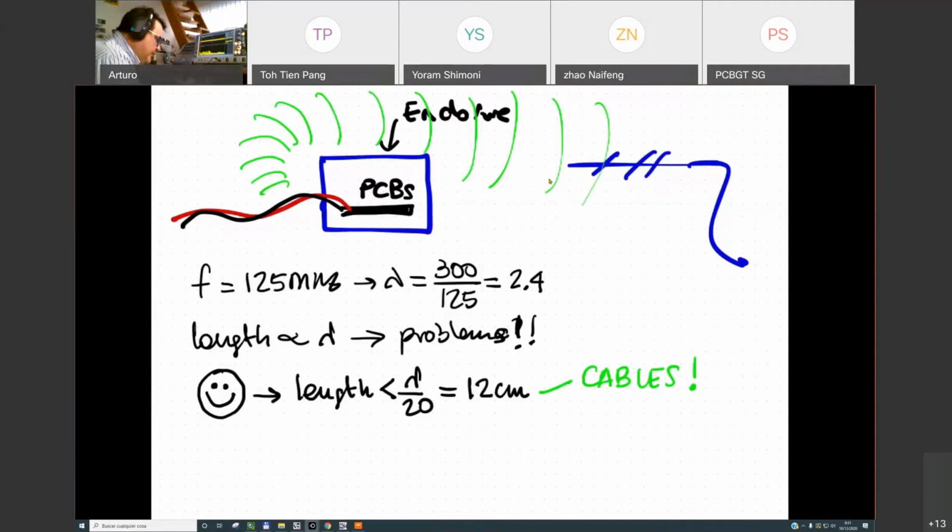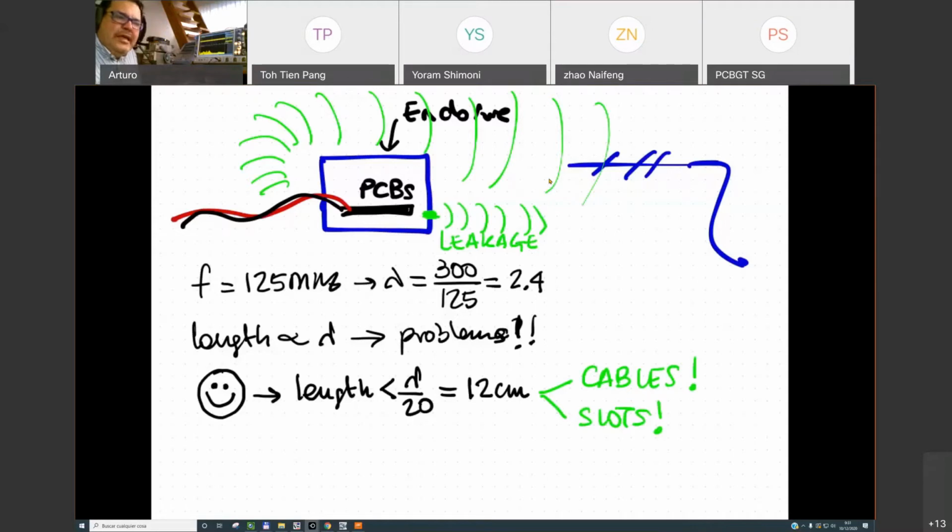Because in the enclosure, you have leakage, because you have apertures, or some kind of slots, some kind of display hole, or connectors, and big holes to put the connectors. This leakage can be a good antenna if the length of the slots is big enough.